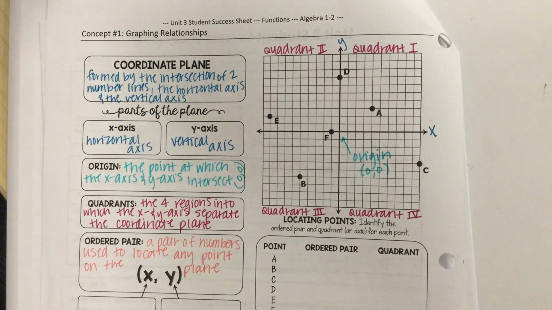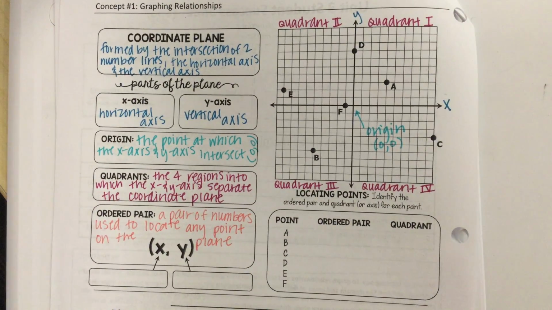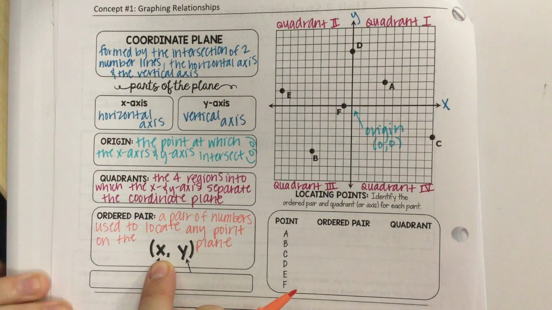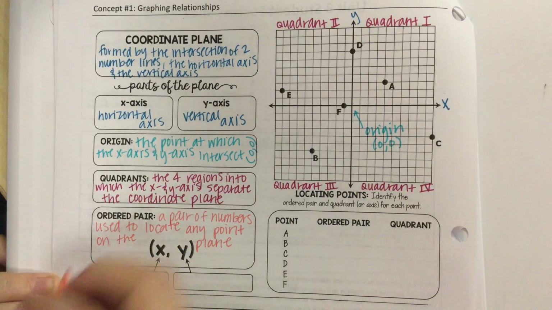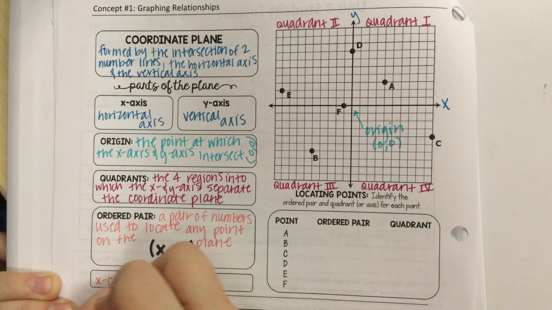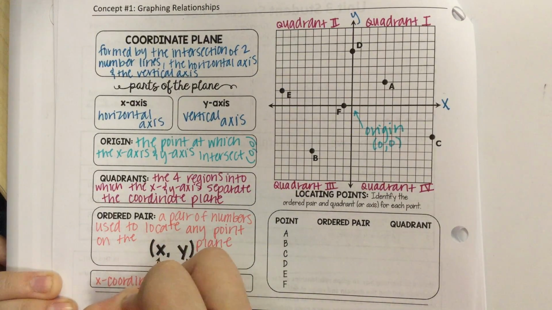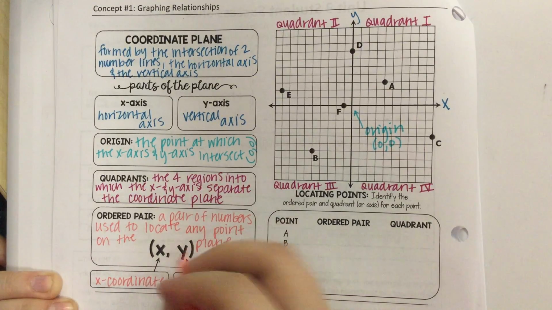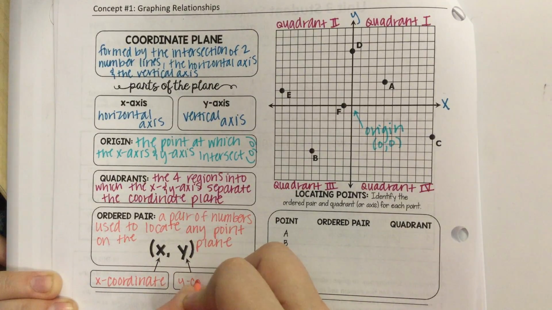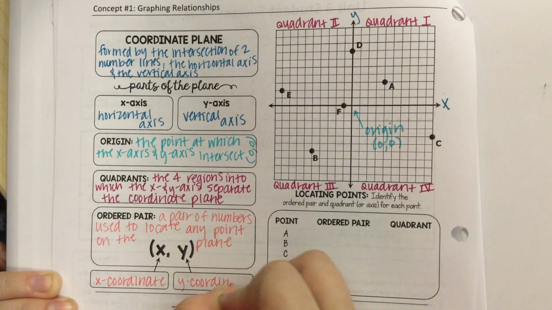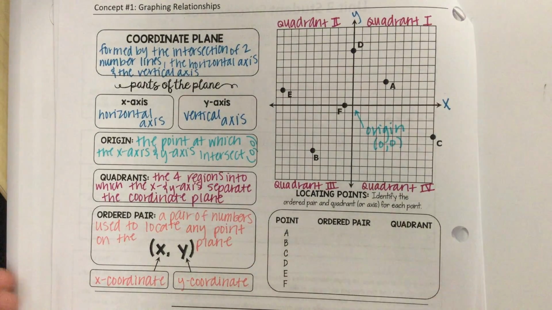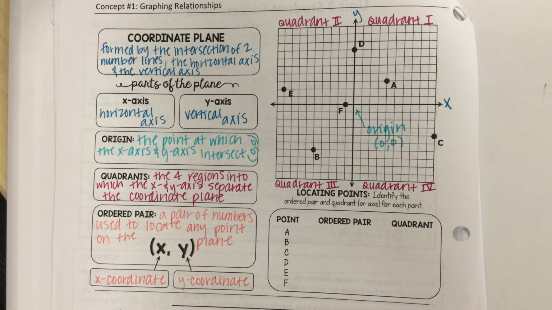Okay, so ordered pairs are used to find points. This x denotes the x coordinate, and the y, you may have guessed, denotes the y coordinate. Every ordered pair has an x coordinate and a y coordinate, and the way that you order them is in alphabetical order. You put the x first and then the y second.